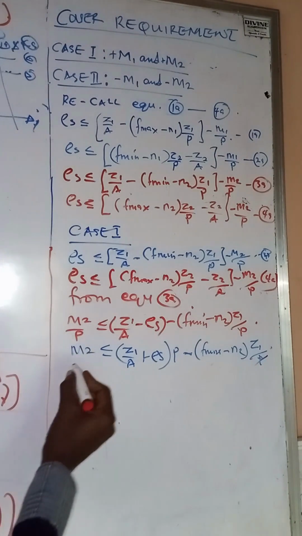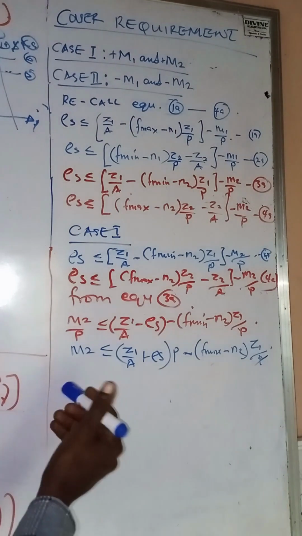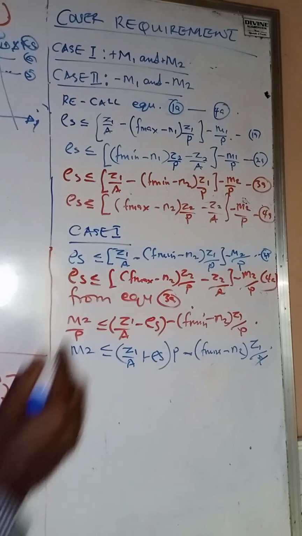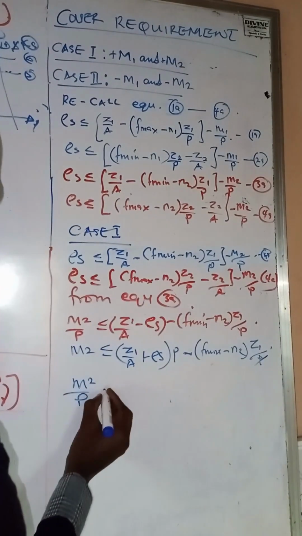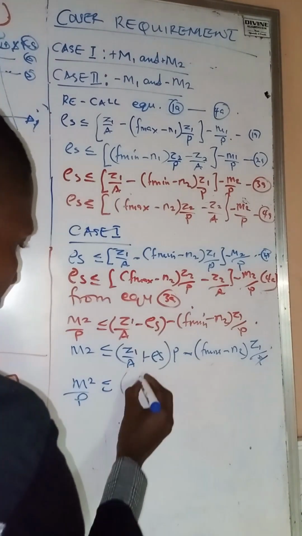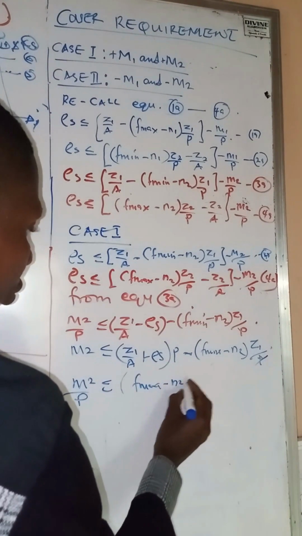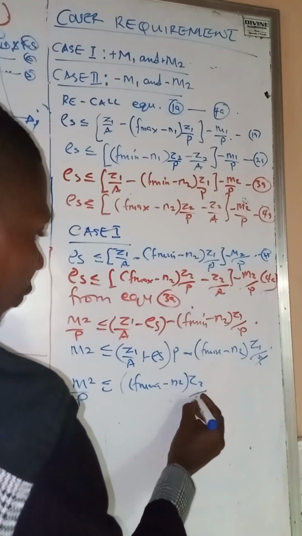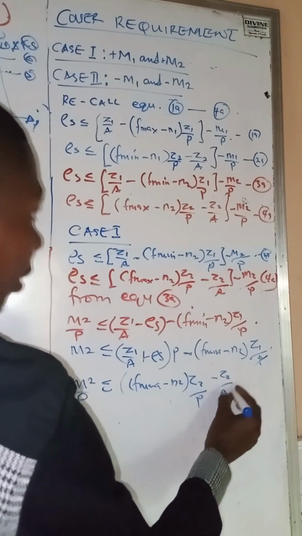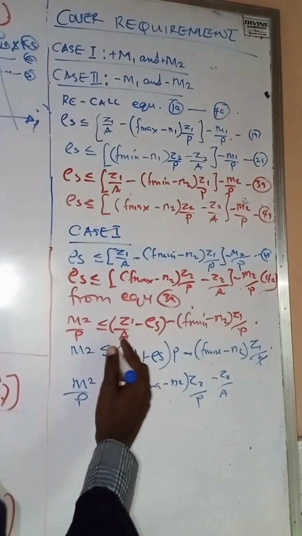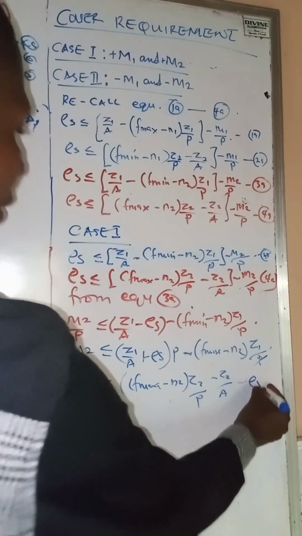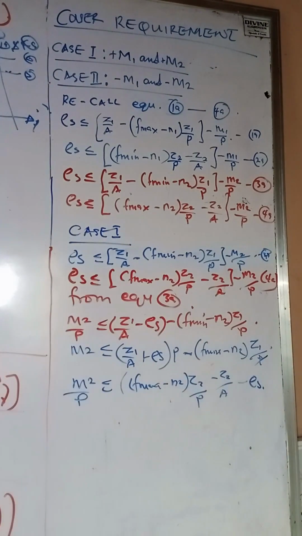From equation 4, we have M2 over P is less than F maximum minus N2, Z2 over P, minus Z2 over A, then minus e_s. So that's what we have for equation 4.